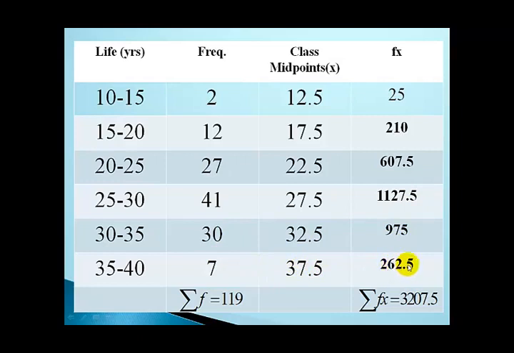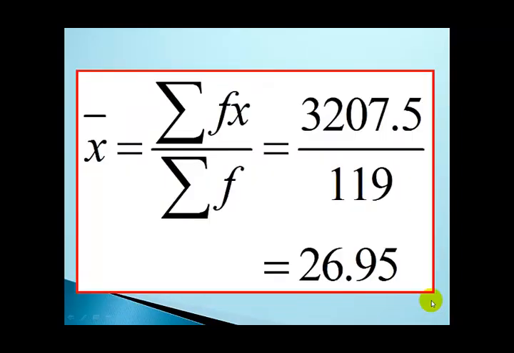And so we also have to find the summation of fx. So 25 plus 210 plus 607.5 plus 1,125.5 plus 975 plus 262.5, and the answer is 3,207.5. So now our mean is equal to summation fx divided by summation f.